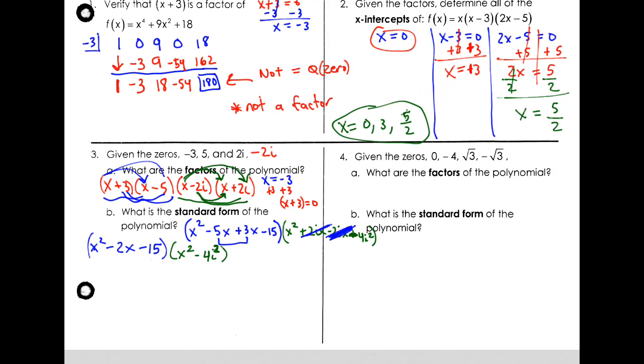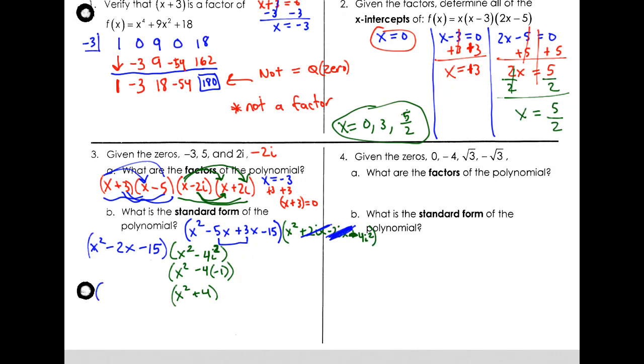Now, one thing to note here is i squared is the same thing as a negative 1. That's just something you have to know. So that comes out as negative 4 times a negative 1, and that breaks down to just changing your sign: x squared plus 4.